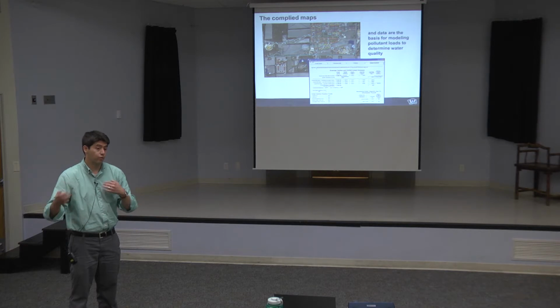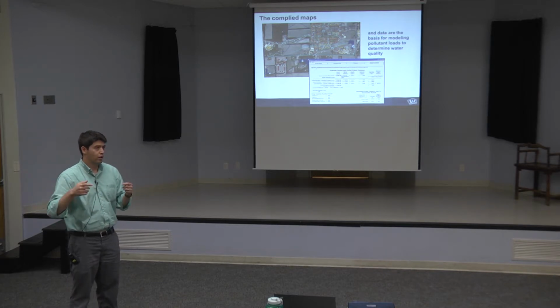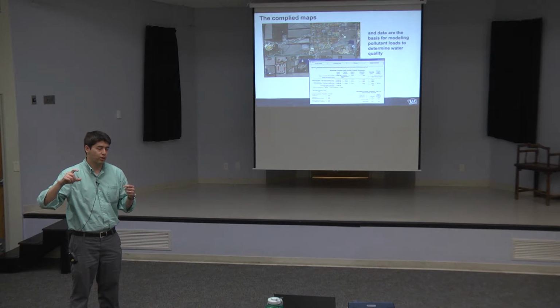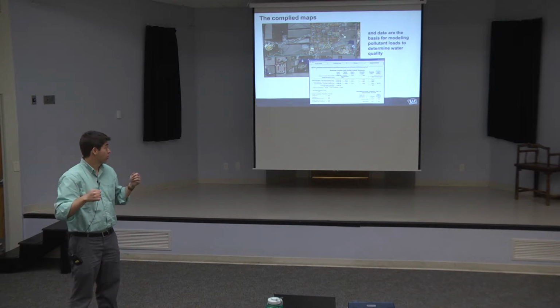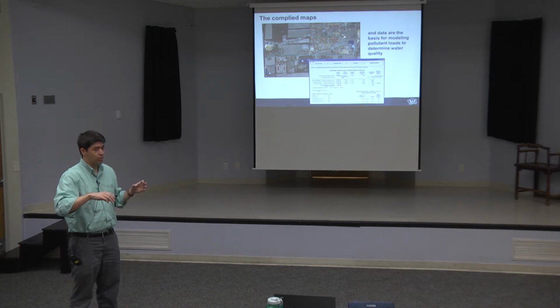You can plug in the actual stormwater facilities, the depth of the pond, how big it is, and then the model will run annual rainfall for an example year, and that will tell you... it's a model, so it's not perfect, but it will give you a pretty good idea. If you had nothing in there, this is how much gunk would be getting out into the lakes. If you put in a stormwater pond, this is how much you'll be saving, how much you can prevent from getting into the lakes.